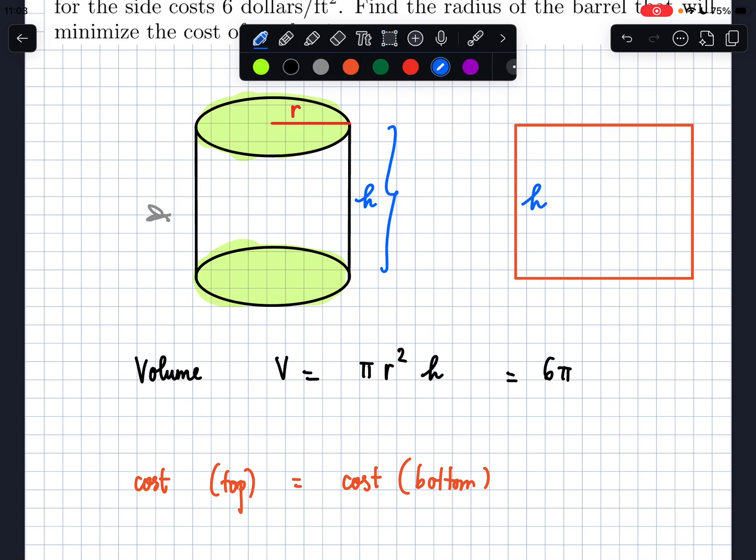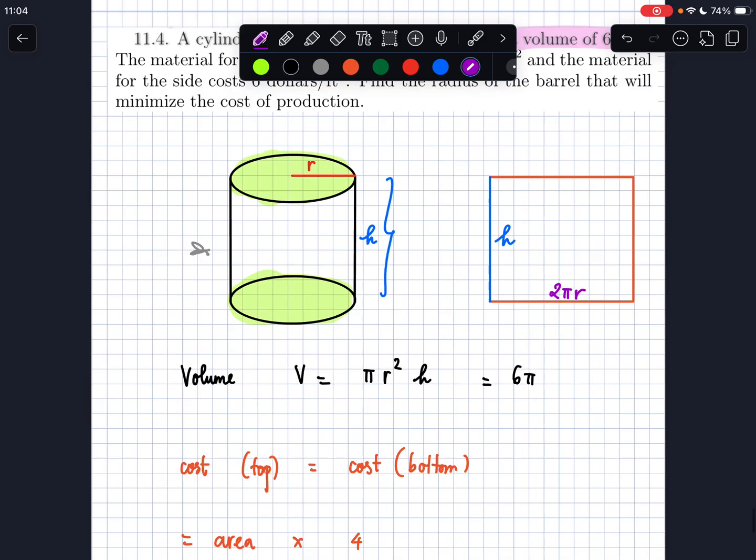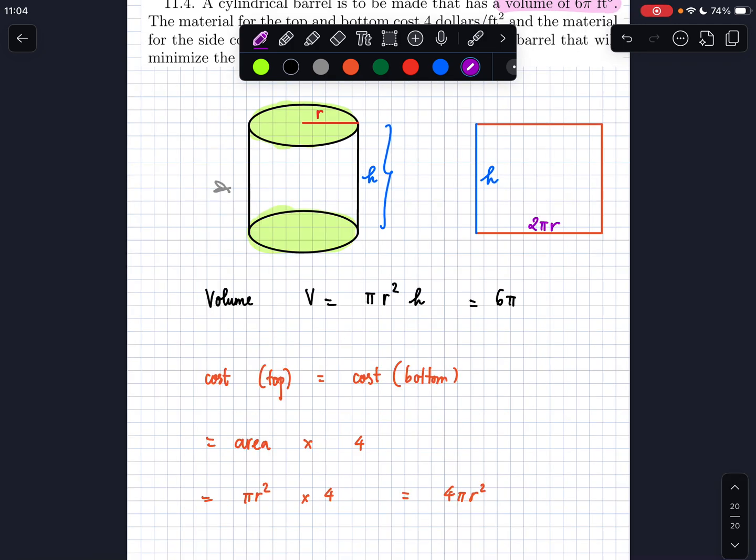The length here is h, and this one is the circumference of the circle, 2π r. So that's why the area of the side is equal to 2π r times h.